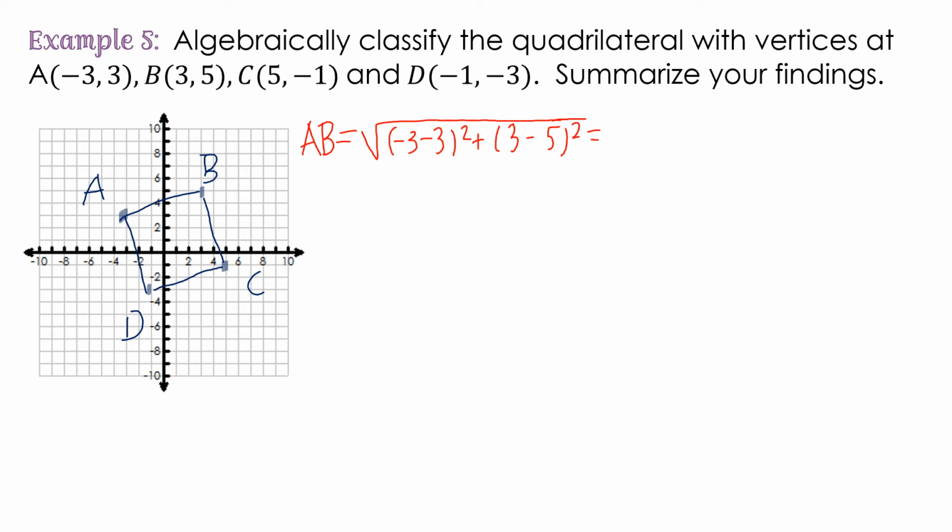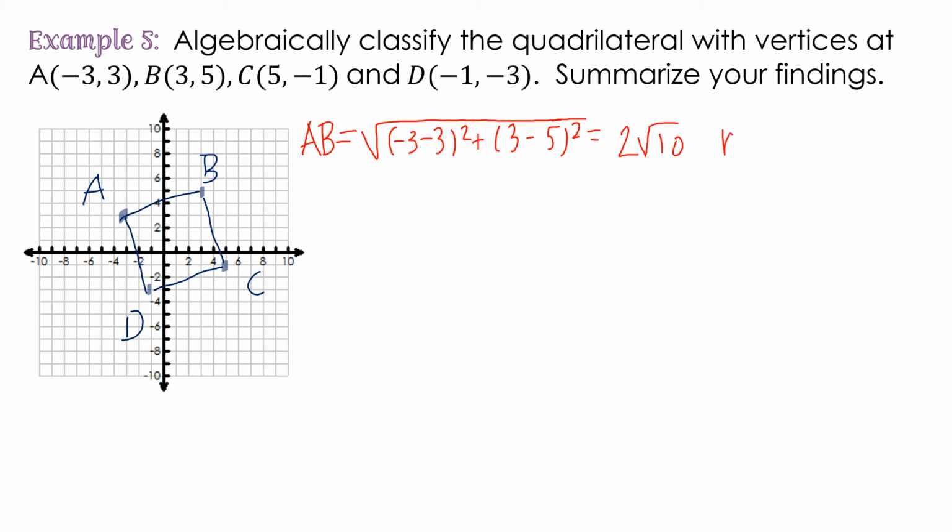So -3 minus 3 is -6, and -6 squared is 36. And then 3 minus 5 is -2, and -2 squared is 4. So 36 plus 4 is 40, and the square root of 40 is the same thing as 2 root 10. You don't need to put it as a decimal. You can if you want, but I'm just going to leave it as 2 root 10.